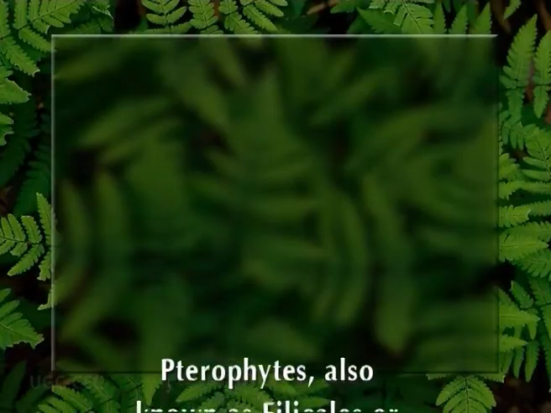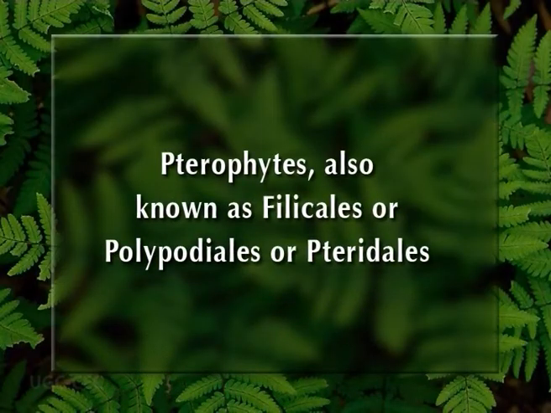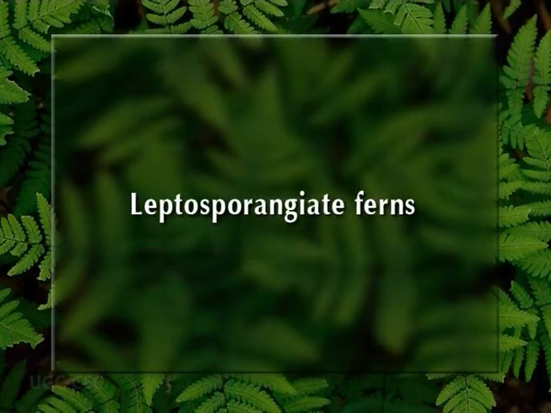The last and important group is Pteridophytes, or what we commonly call ferns. The Pteridophytes, also known as Filicales, Polypodiales, or some call them Pteridales, refer to what we commonly call Leptosporangiate ferns.